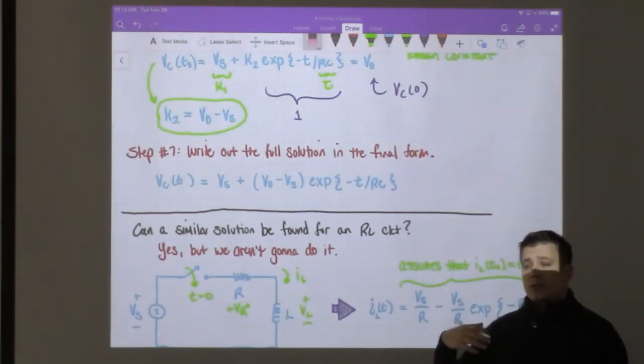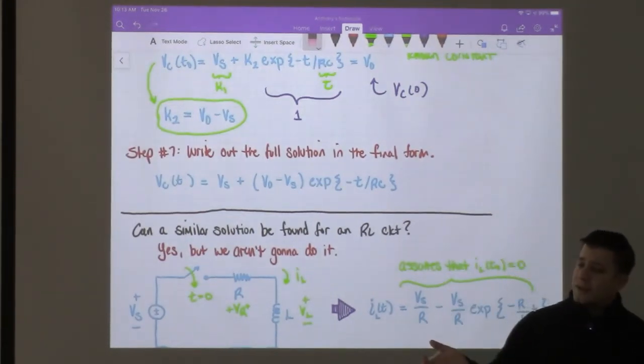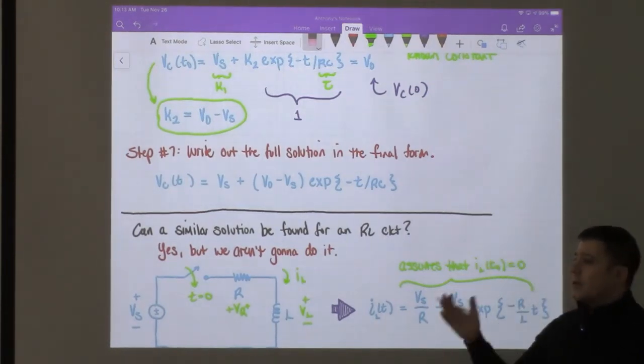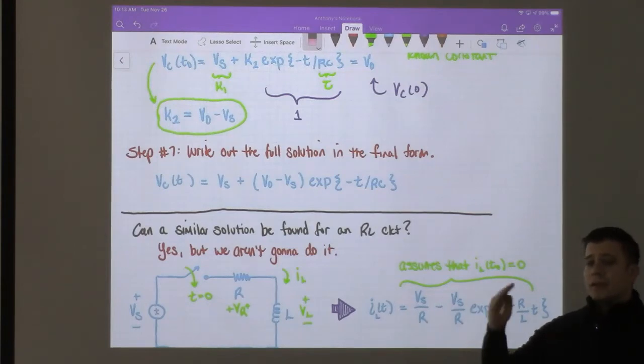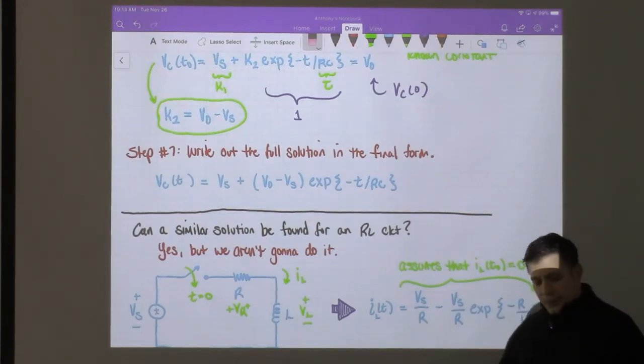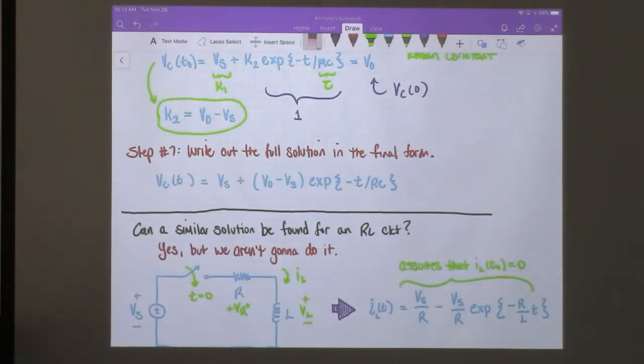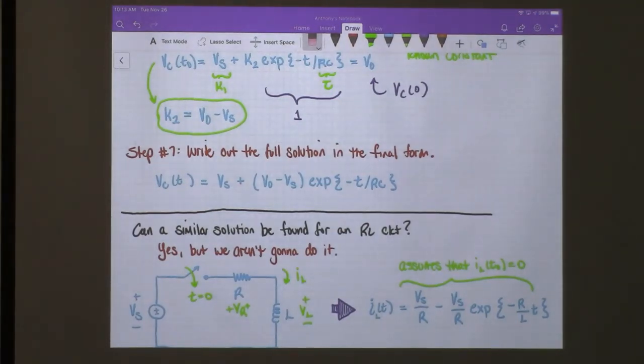Then we're going to take our solution and plug it into the differential equation. We're going to solve for K1 and tau using the differential equation. We'll be left with K2. Again, all the exact same things. The way that I describe it, I don't even have to change the language when discussing the capacitor problem versus the inductor problem.